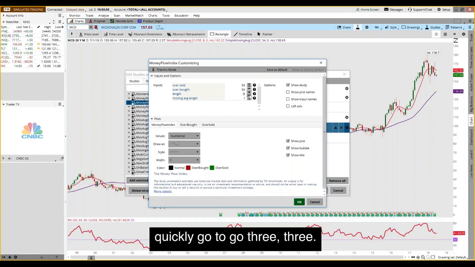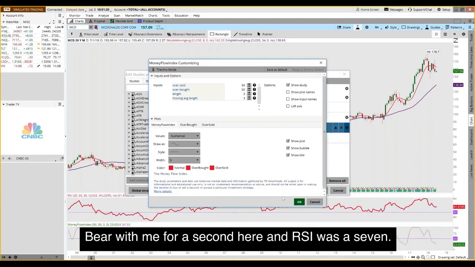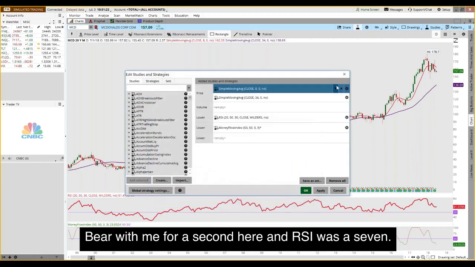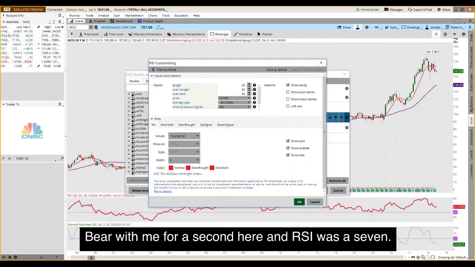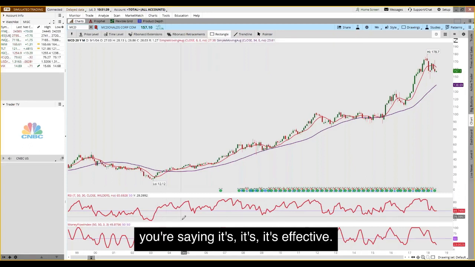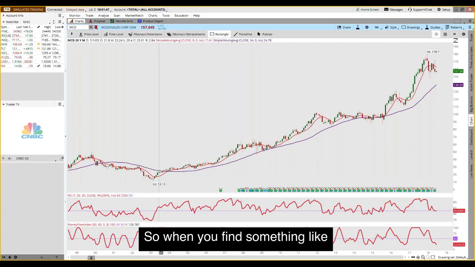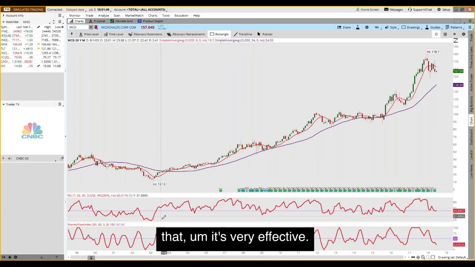Sorry, I need to change the RSI. Bear with me for a second here. And RSI was a 7. Okay. So when they're both crossing, you're saying it's effective? Yeah. And that's great. So when you find something like that, it's very effective.